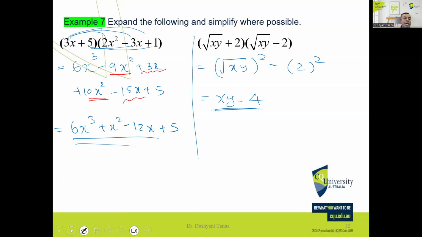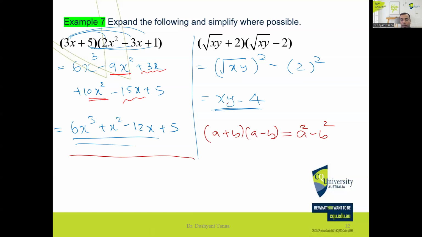Up here, I am using one of my favorite formulas, a plus b times a minus b is nothing but a square minus b square. You should realize it now. Had you not realized it, you could still get away, which I'll explain in a bit. So this is my a plus b, a minus b, a square minus b square. Root xy squared will nullify its effect, so we'll leave xy, and 2 squared is 4.